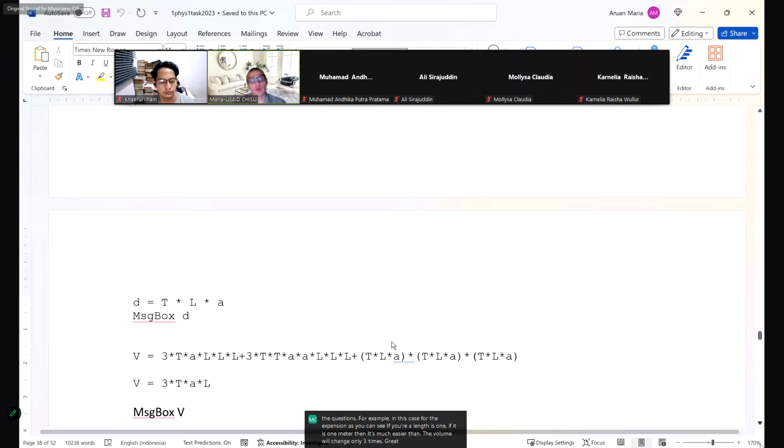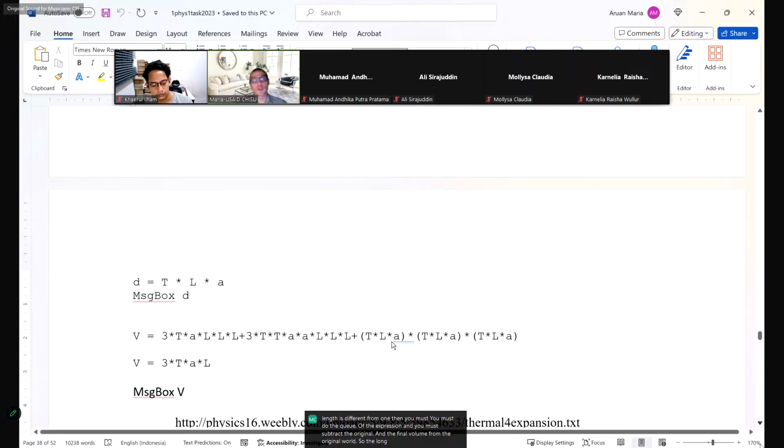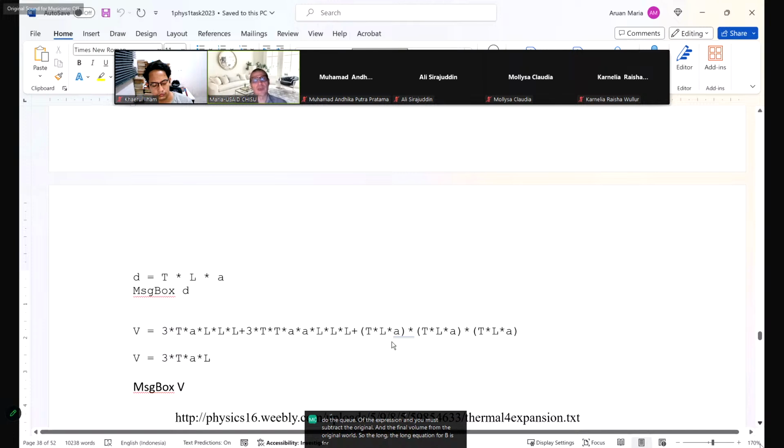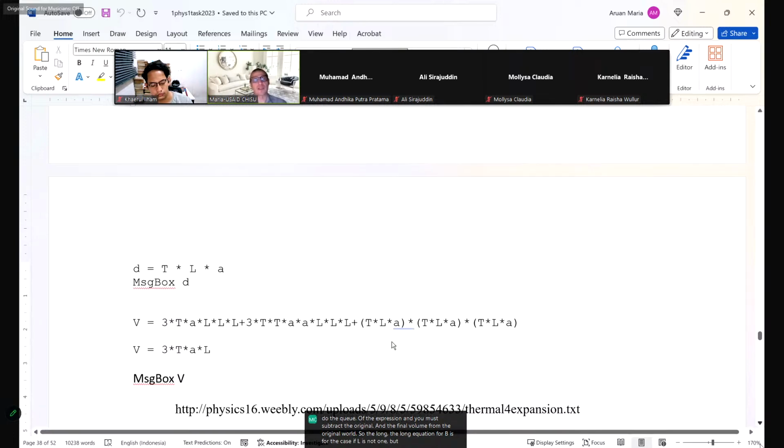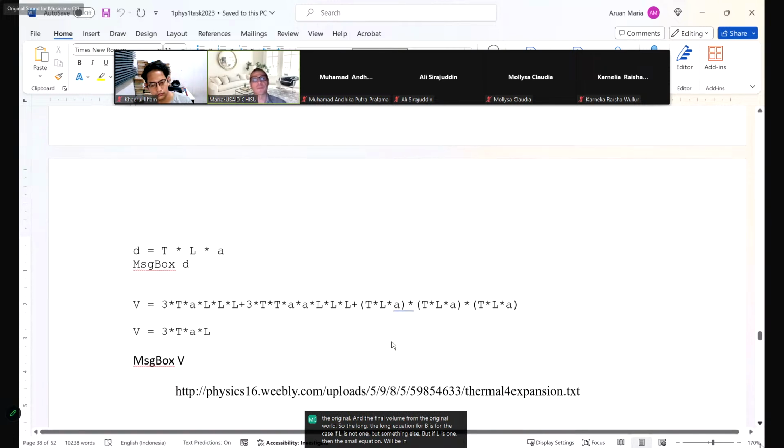But if your length is different from 1, then you must cube the expression and subtract the final volume from the original volume. So the long equation for V is for the case if L is not 1 but something else. But if L is 1, then the small equation will be enough.